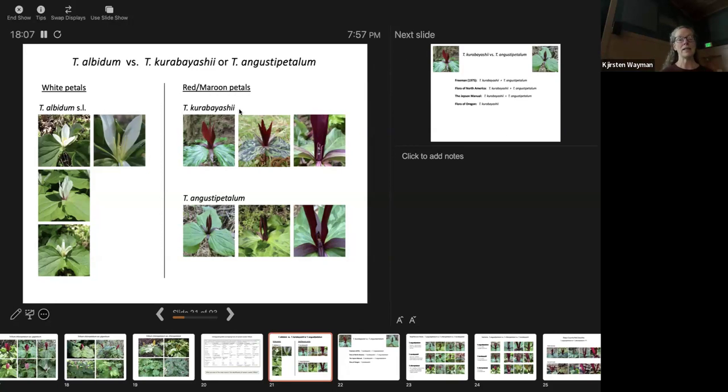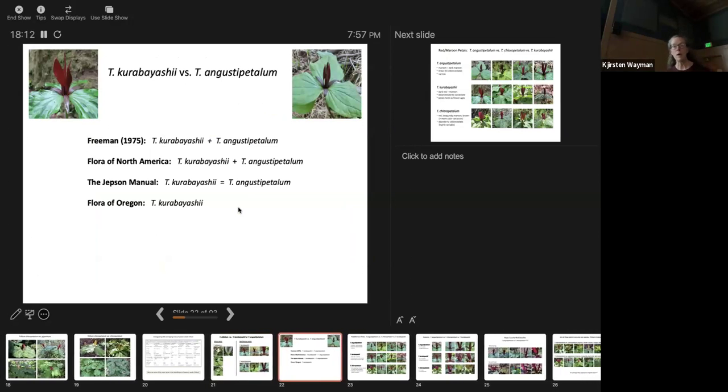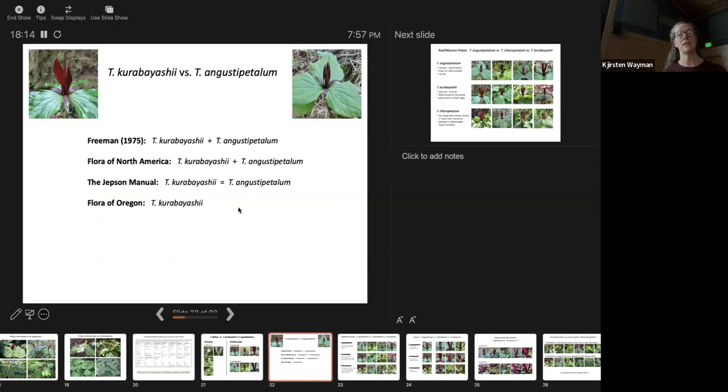Now, one trouble is, how do we distinguish these other two, the plants with maroon petals? Well, Freeman, when he published his revision of sessile Trillium in 1975, described a variety of these Trilliums. So he described Trillium kerbiaceae and angustipetalum, and that appears in his publication. Flora of North America also recognizes both kerbiaceae and angustipetalum.